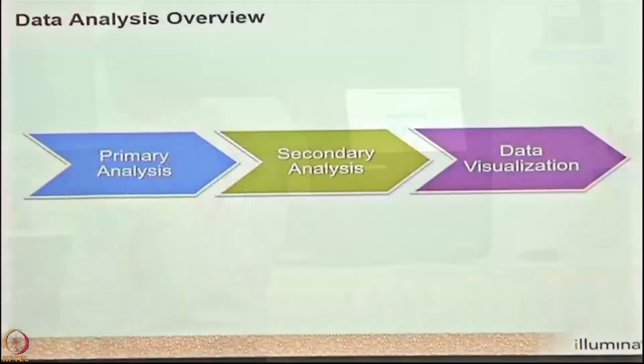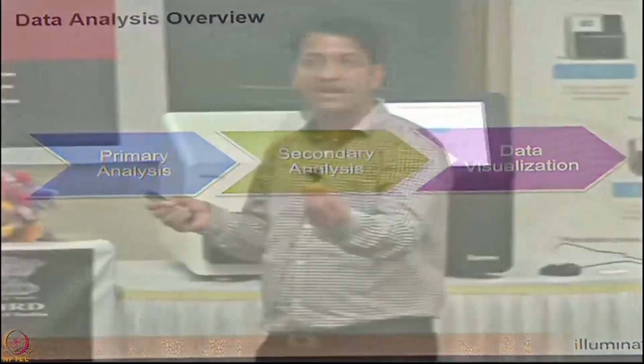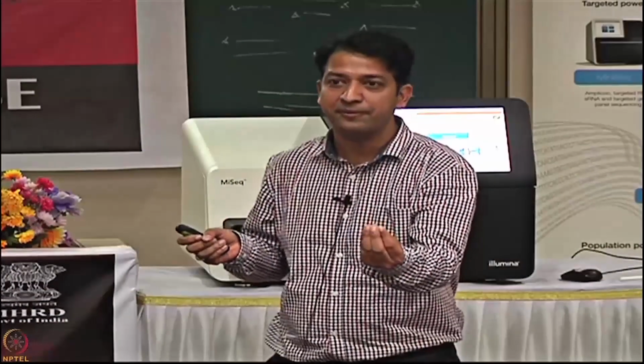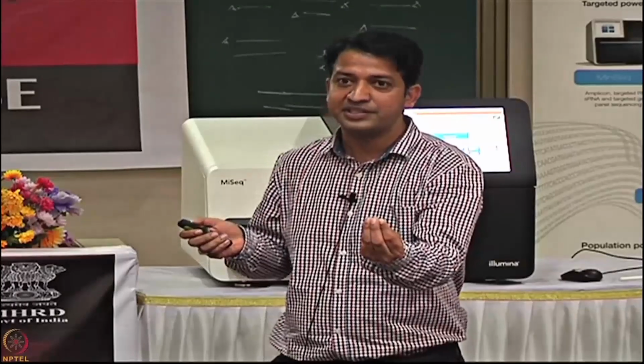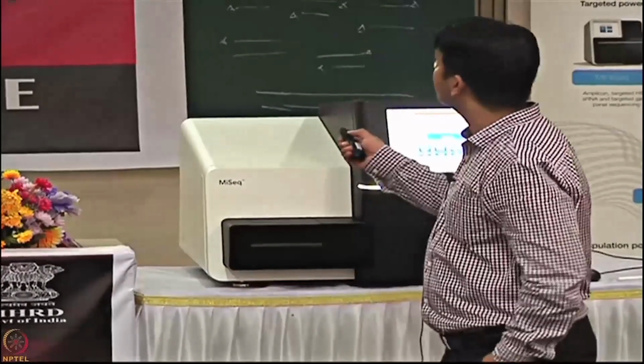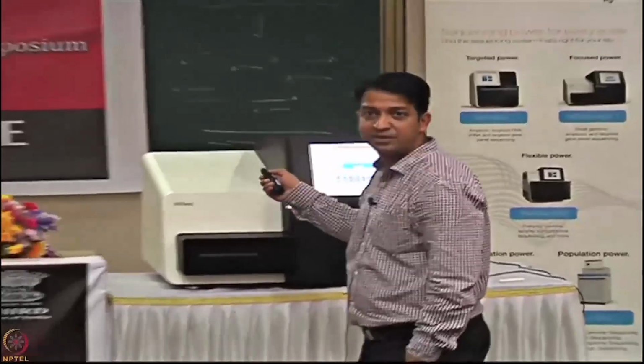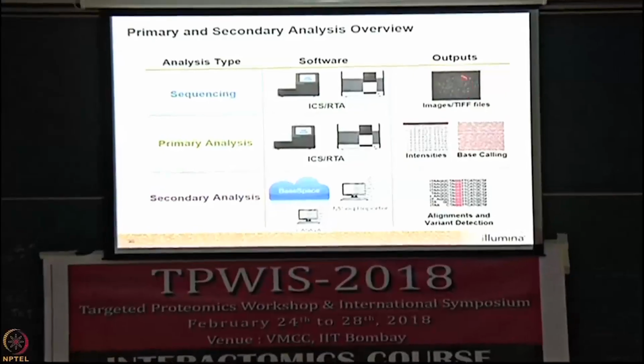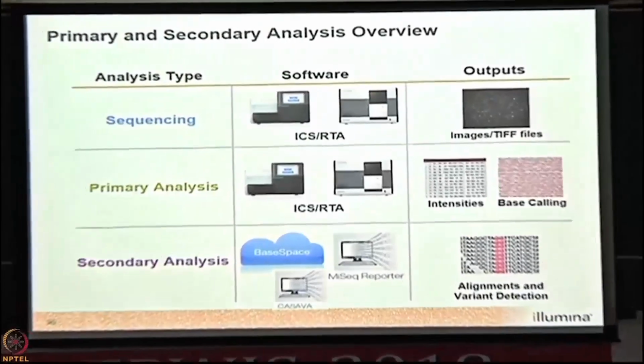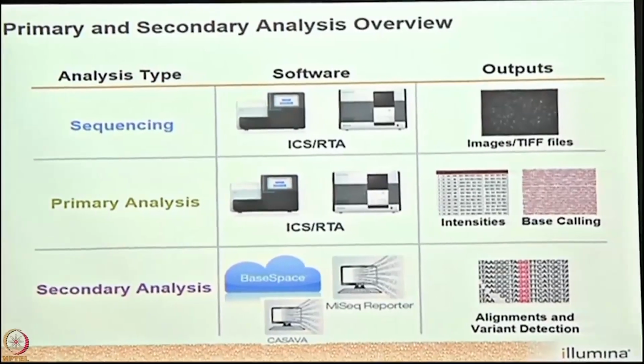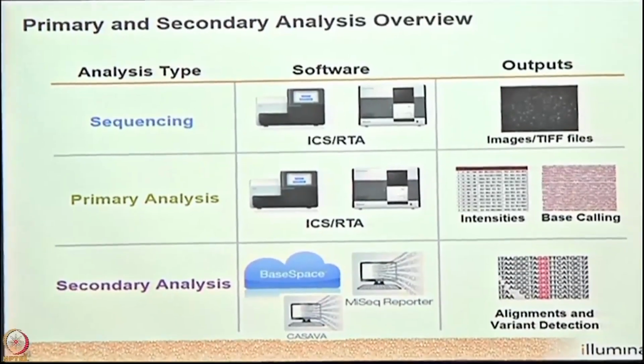First one is the primary analysis. During primary analysis, all the bases are tagged with a fluorophore, right? So initially the camera will record the signals like this. It will be colored though: red, green, yellow, but these are all your bases called. There is a software called real-time analysis software.